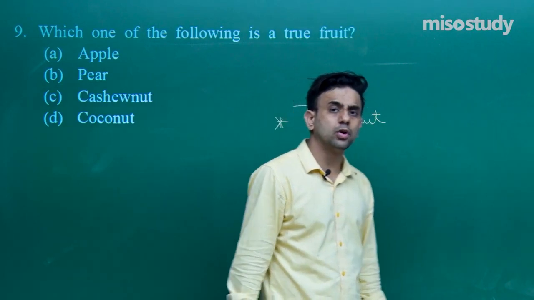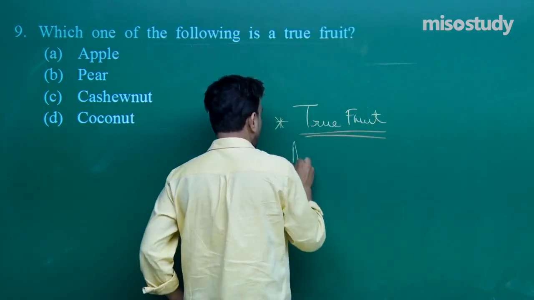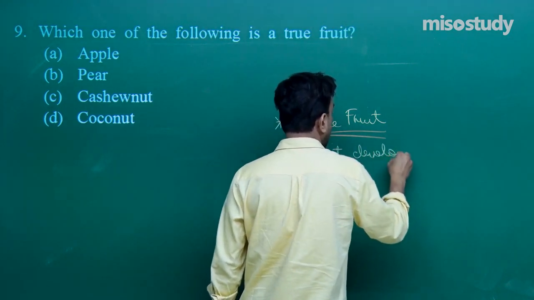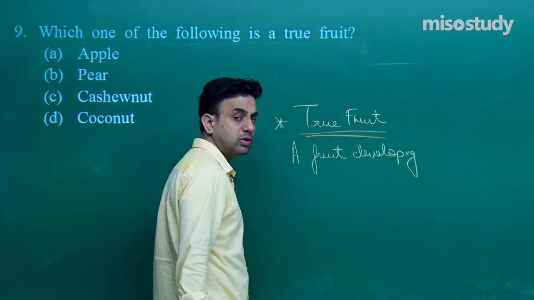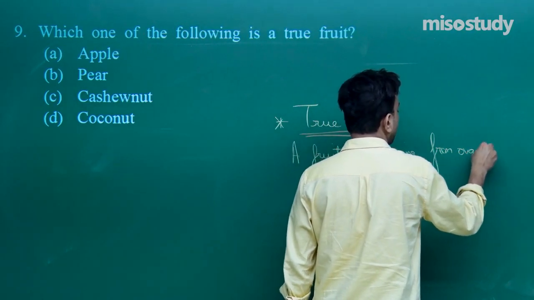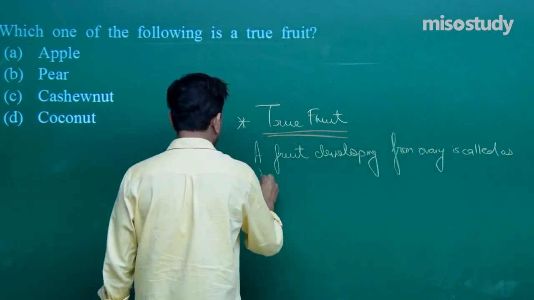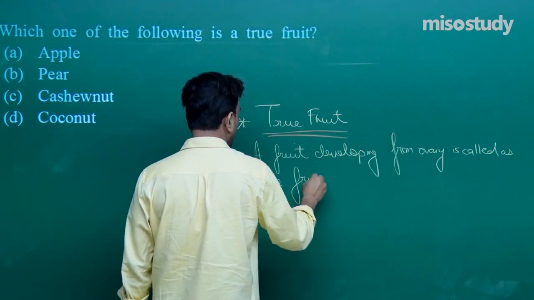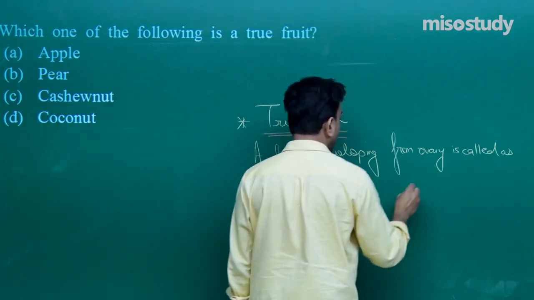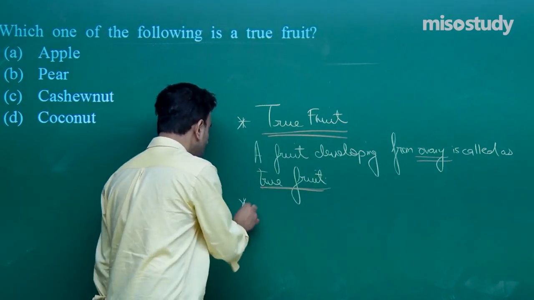A fruit which develops from the ovary is called a true fruit. A fruit developing from ovary is called a true fruit, right.